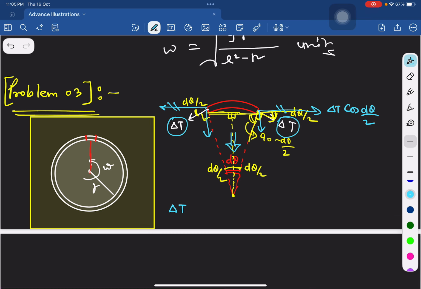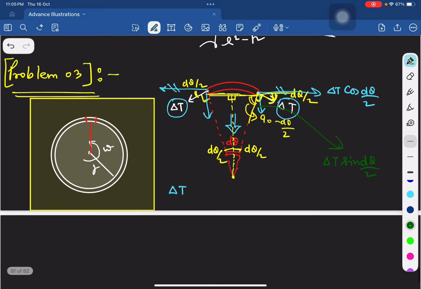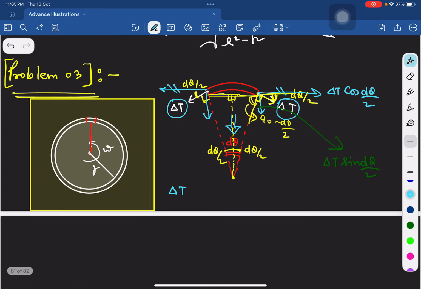This one will be delta T sine d theta by 2. I hope you're getting my point. So this will become 2 delta T sine d theta by 2, that is acting towards the center, and it will be your centripetal force.